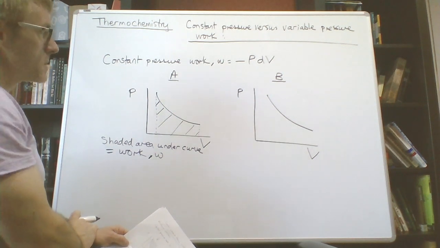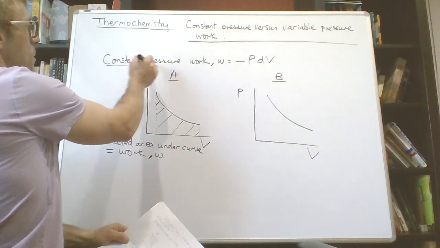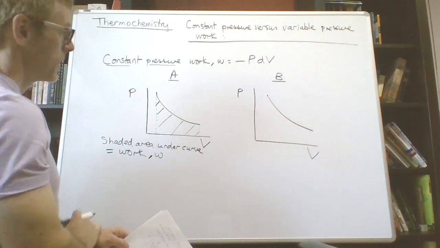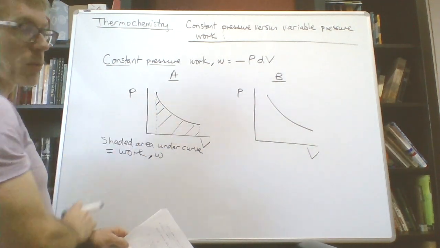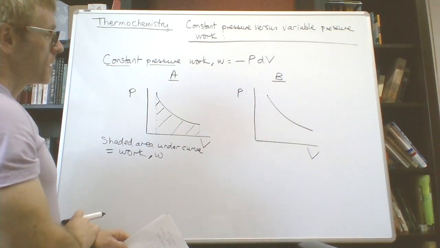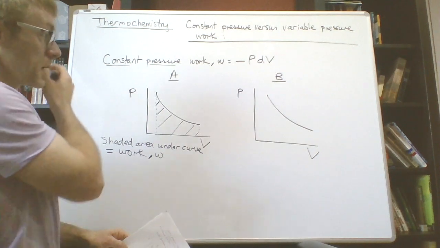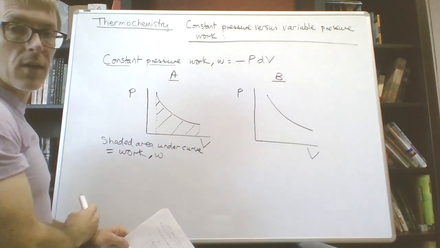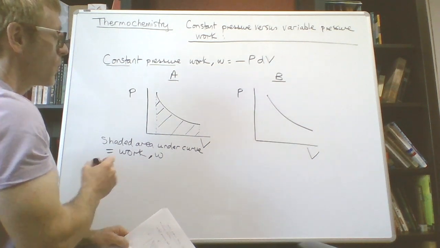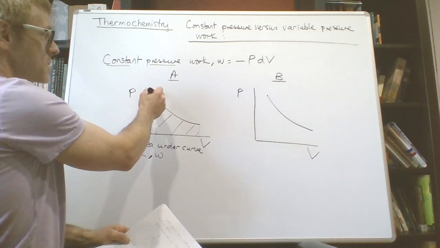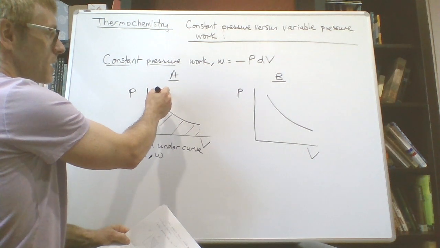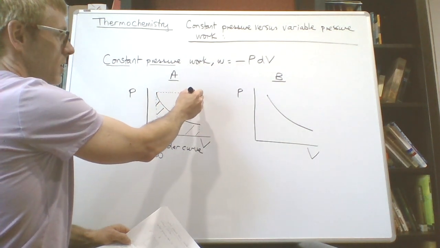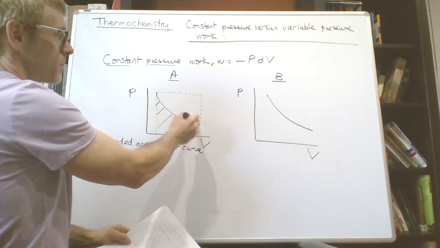The problem is, this is the constant pressure work. Now here we can clearly see the pressure is changing. So if I use this equation, because I don't have a D on the P value, I'm going to start with this initial value and I'm going to overestimate by this much.